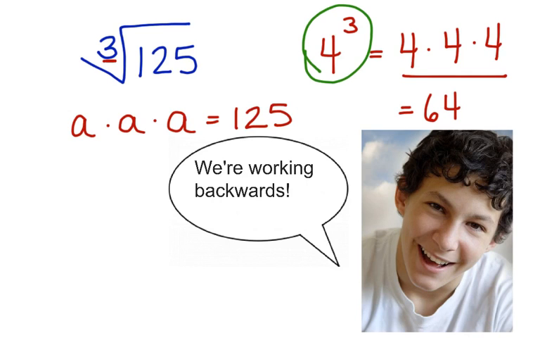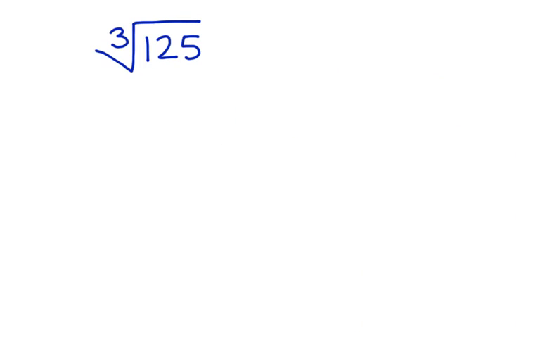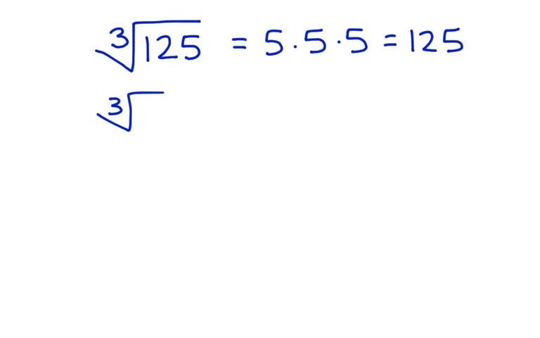Now we're simplifying radical expressions. Now that you understand it a little bit more, what is the cube root of 125? 5 times 5 times 5 is equal to 125. So we can say that the cube root of 125 is 5. This is our answer.